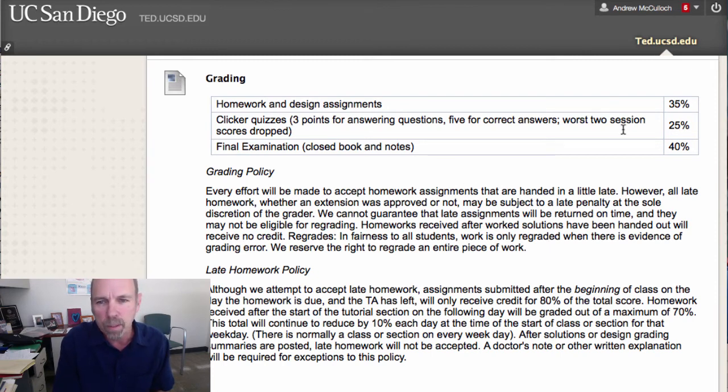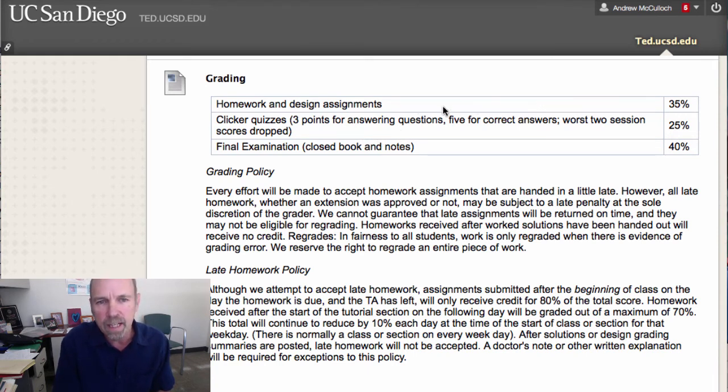But the points will all be out of this 25% towards the final grade. And the way we'll be grading questions for the clickers is that you'll get 5 points for the correct answer and 3 for answering the questions at all, and you can drop your worst 2 session scores during the quarter.